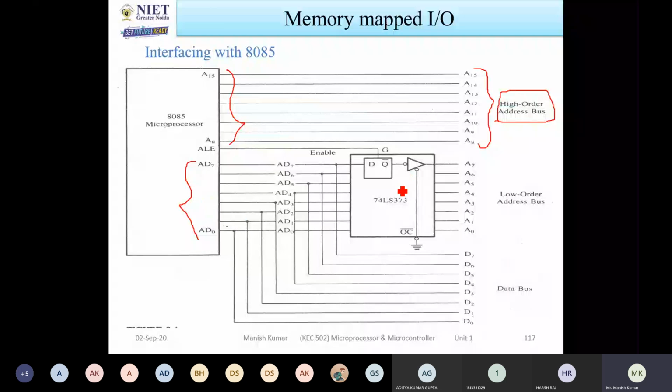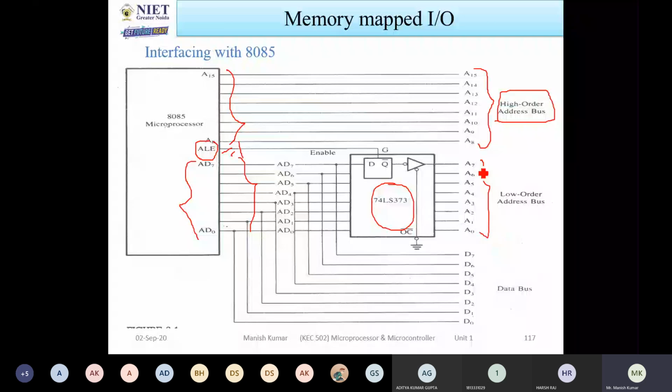So the address decoder will be used. Now with the help of the ALE signal, we can differentiate when it behaves as an address and when it behaves as data. When the ALE signal equals 1, whatever is available on these pins behaves as an address and is denoted as A0 to A7.